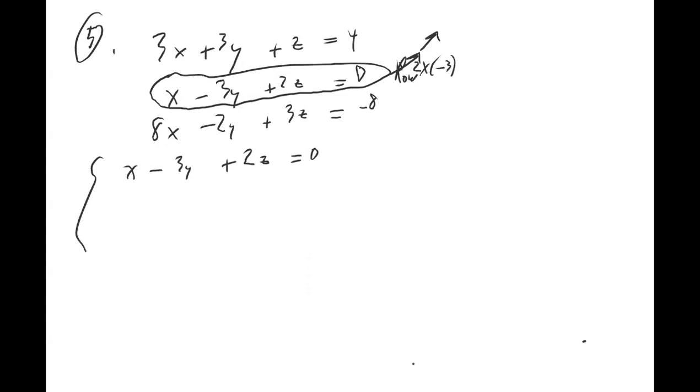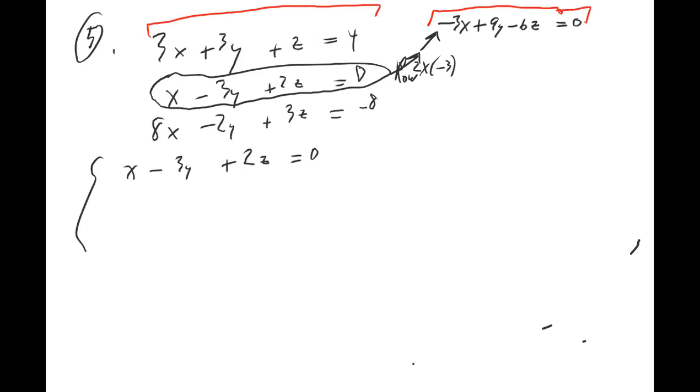So if I take the second row times negative 3, I'll get negative 3x, positive 9y, negative 6z equals 0. But now what I'm going to do is add that on to the top row.